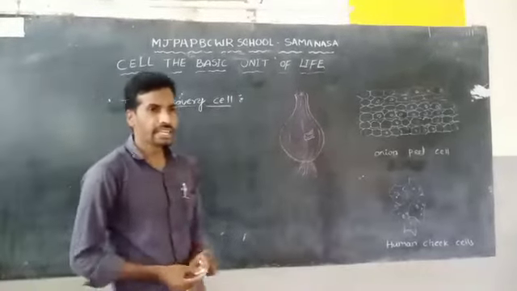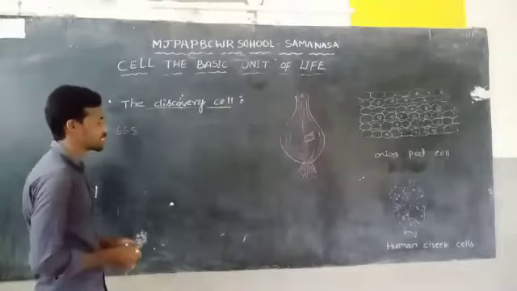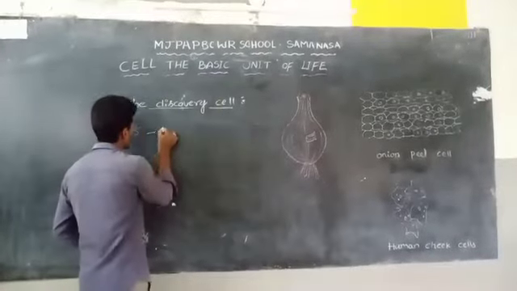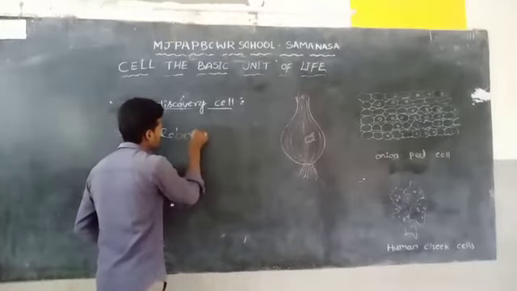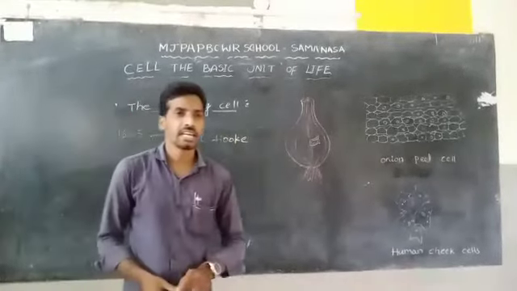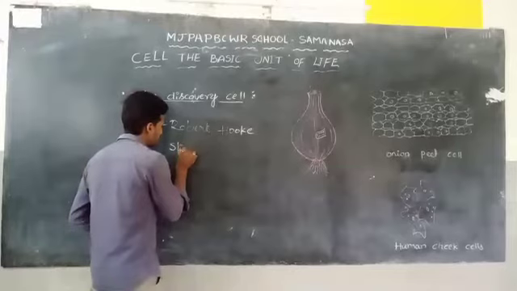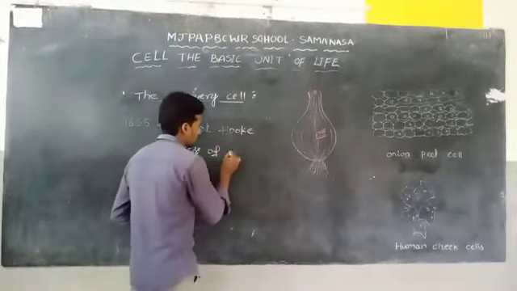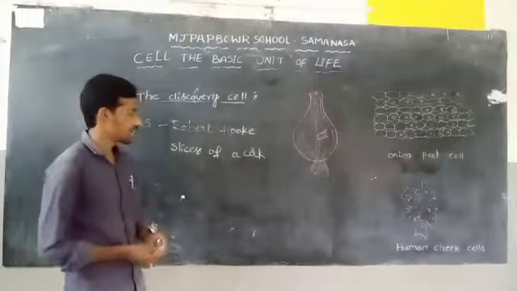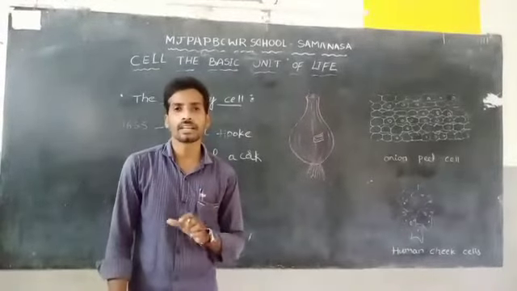In the year 1665, a British scientist, Robert Hooke, observed slices of cork under a simple magnifying microscope which was made by Robert Hooke.